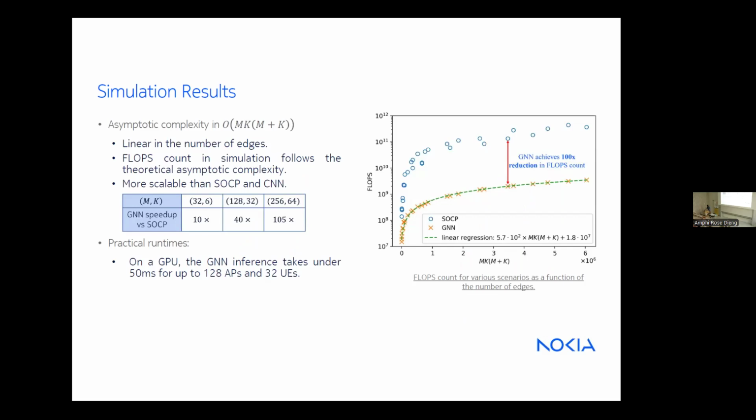So in a sense, this allows you to do a good approximation of an optimal solution and thus make it practical to be deployed on the network side. It generalizes very well to different network sizes, to different channel characteristics. And that is a good candidate for implementing such power control on the network side.